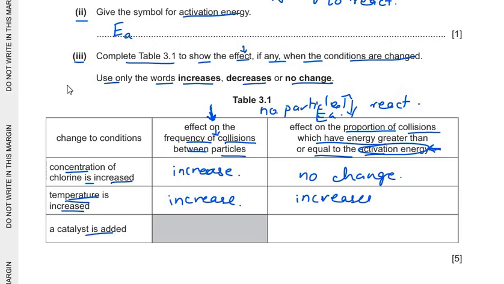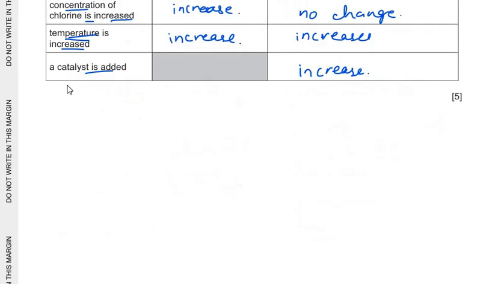If the catalyst is added, then it lowers the activation energy. So again, the proportion of the collisions should increase because the activation energy value has decreased. So here also it is an increase.